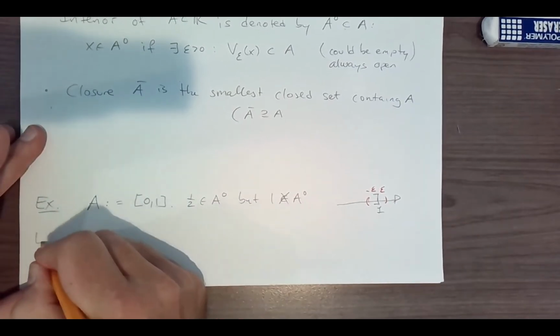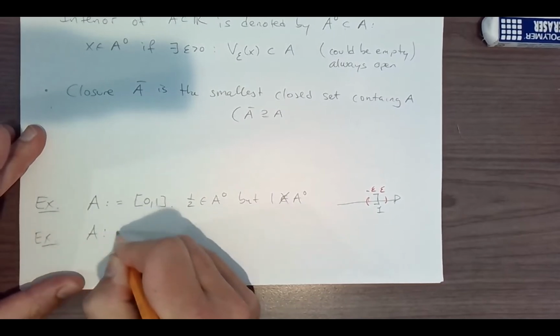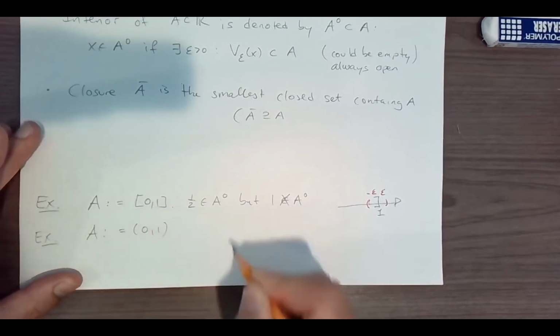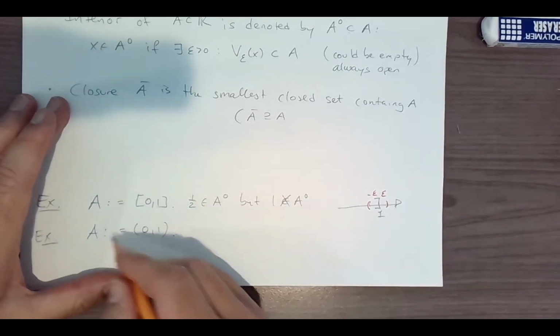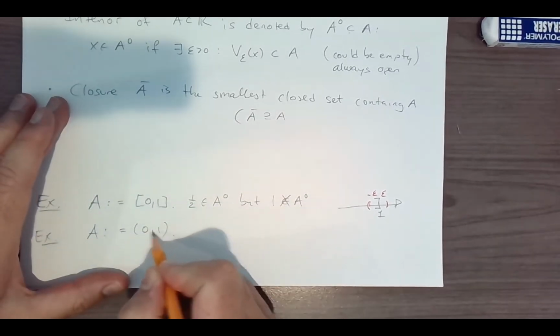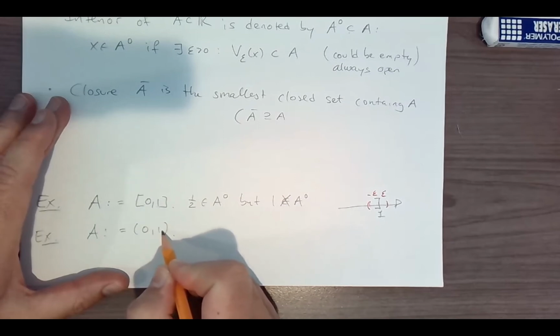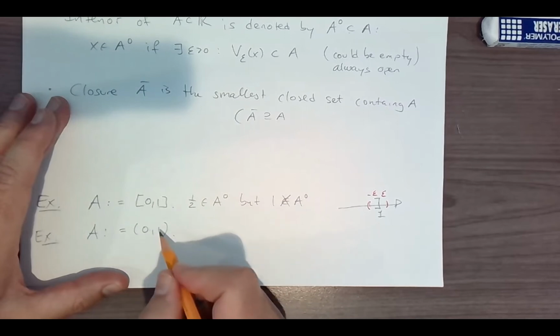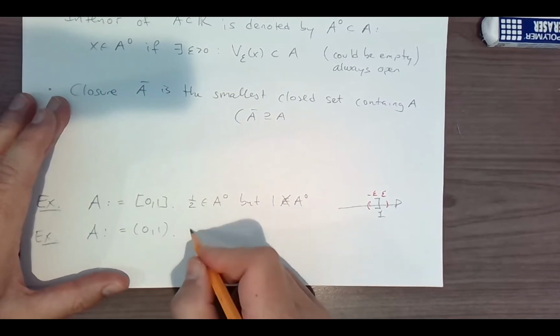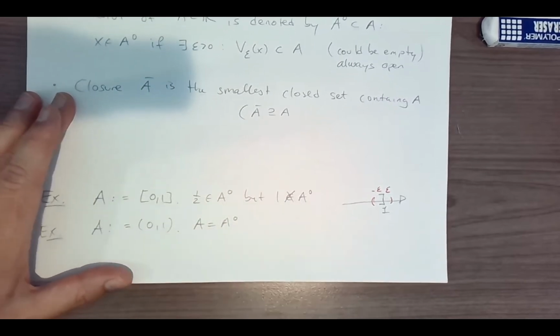Whereas if I looked at the open interval from 0 to 1, then for the interior, no matter which point I pick between 0 and 1, I can always find a ball around it. So here A is equal to its interior.